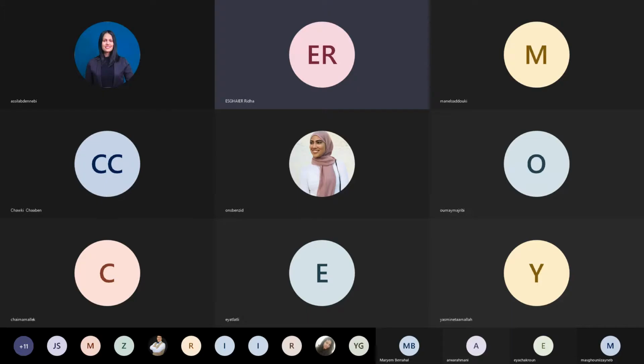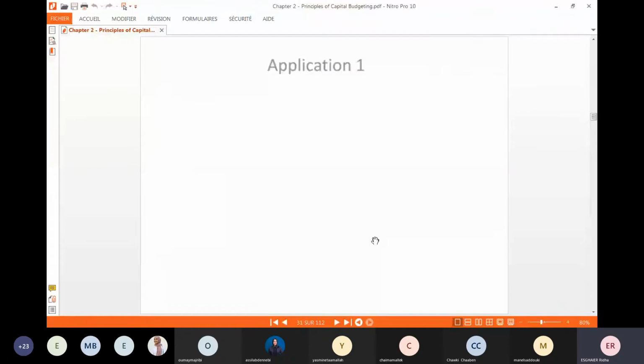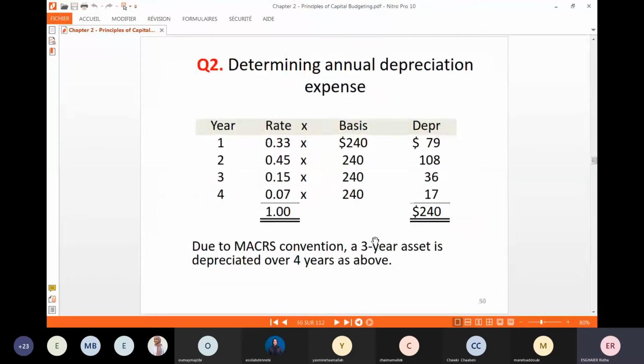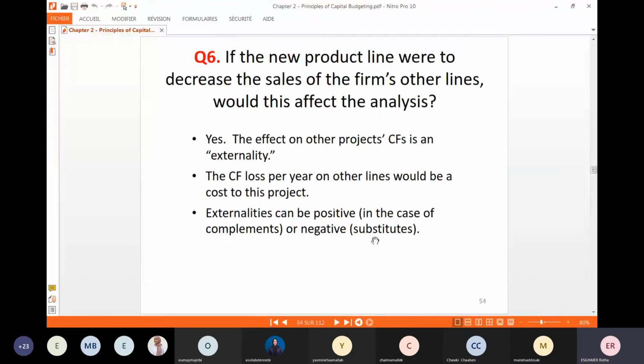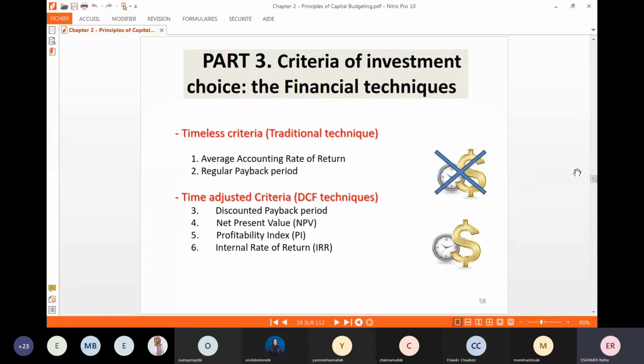Once we computed all the cash flows in relation with a project, the second step in the calculation and the capital budgeting process is to compute what we call the criteria of investment choice, different metrics that we need to compute for different purposes.